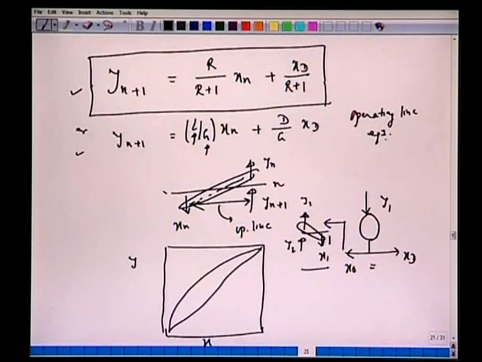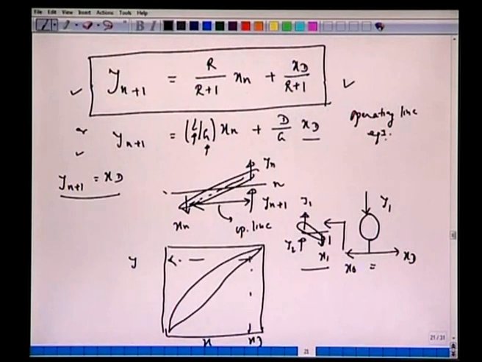Now let's see what we do on this xy diagram. If we start with x_D, we are supposed to draw this operating line. If we put x_D in this equation, you can show that y_{n+1} will also be equal to x_D. That means this point of x_D at the 45-degree line will satisfy this operating line.